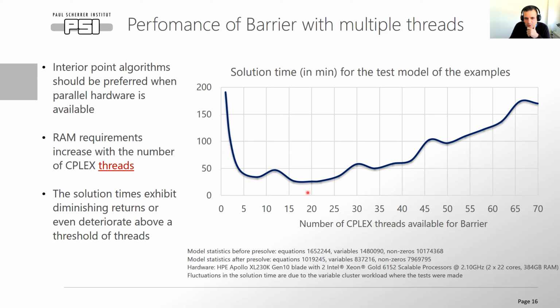But there is a point, around 20 to 22, above which increased parallelization of the hardware does not induce gains in the solution time, but rather creates overhead.